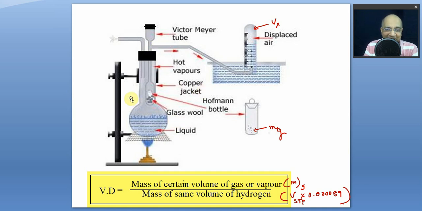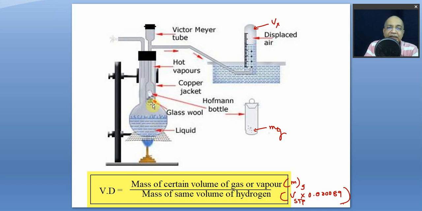Nowadays a very, very strong glass round bottom flask is used, not a copper jacket, as I have copy pasted. Nowadays also, this is just a fun experiment at the undergraduate level, but in reality, nobody uses this method now to determine molecular mass or vapor density.